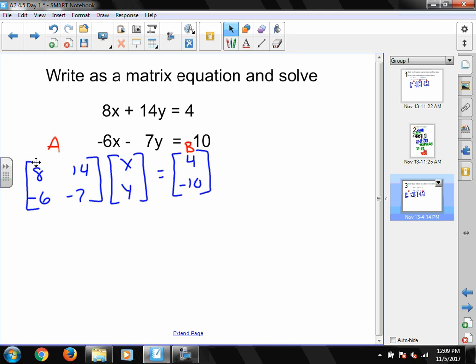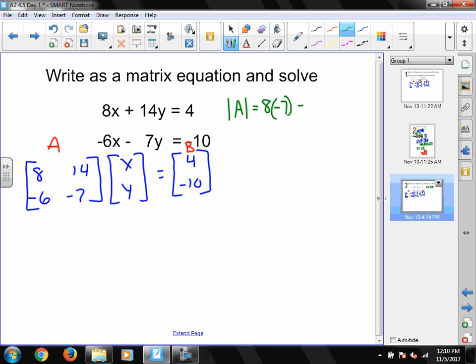Again, first thing we want to do is find my determinant of A. So I'm going to get 8 times -7 minus -6 times 14, which is going to give me, when I simplify everything down, a positive 28.